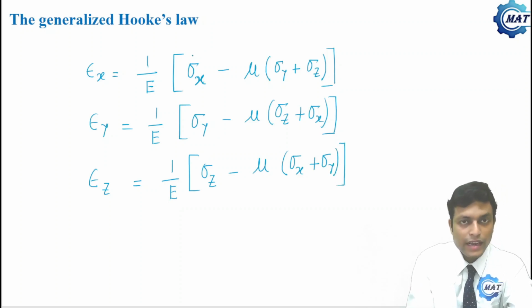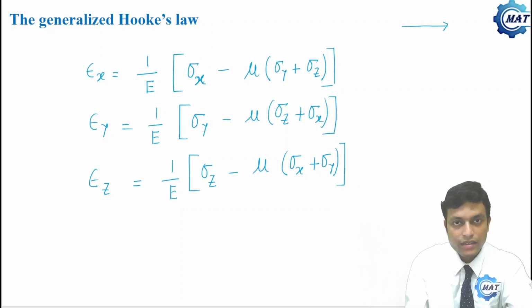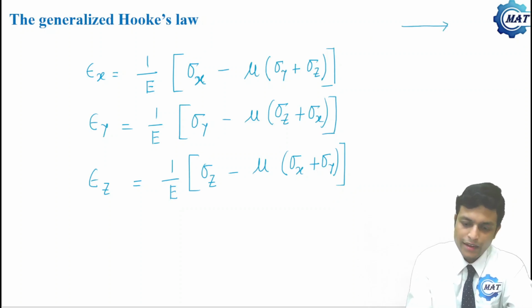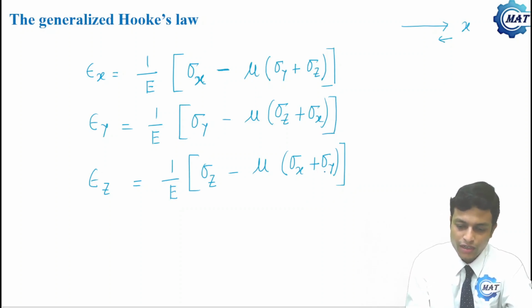Due to sigma x, the dimension in the x direction is increased, and due to sigma y and sigma z, the dimension in the x direction is reduced, and that's why there is a minus sign. And how much will it reduce? That will be multiplied with mu by the definition of Poisson ratio. Similarly, the other two equations come.